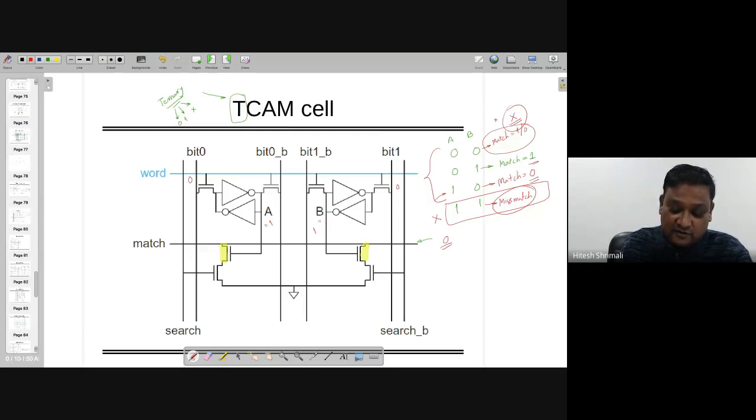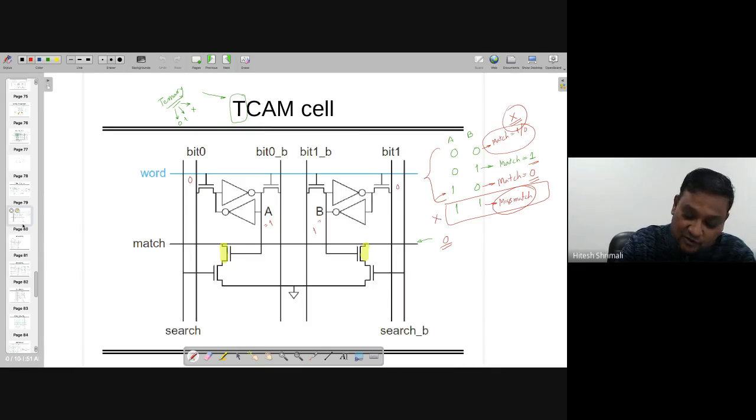This is very important in communication networks, where you have to send data to a particular continent rather than using the subnet mask. In that case, you can use such ternary data where you don't care about the subnet address. So it's very popular to use the TCAM, and such architecture is used.